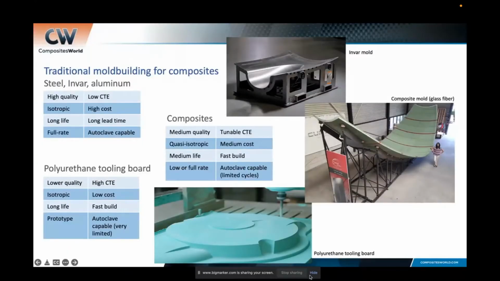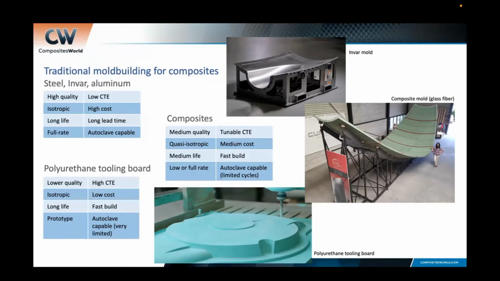The manufacture of molds for composites manufacturing and fabricators falls into three broad categories. They range from steel, the metallic steel, invar and aluminum, through composite materials themselves, and then into tooling board. Each has its own attributes and challenges.